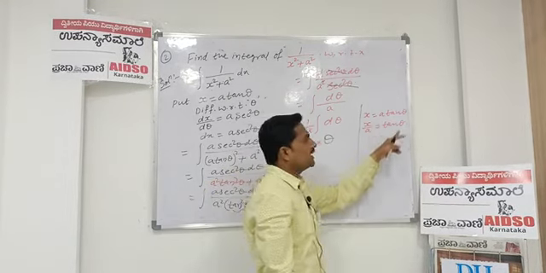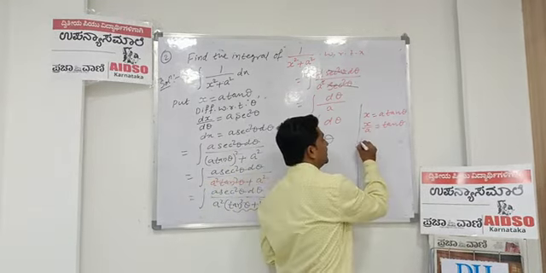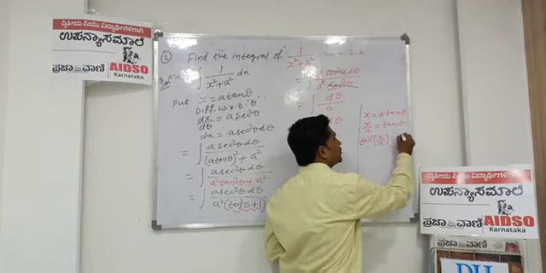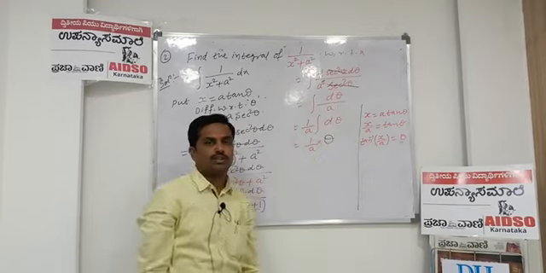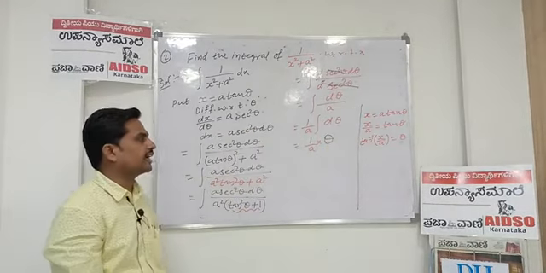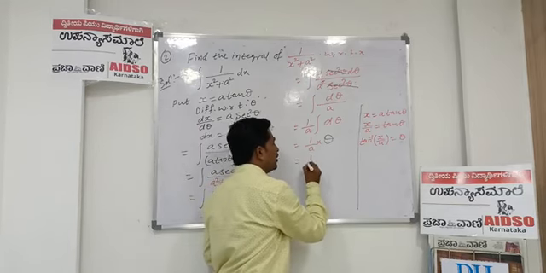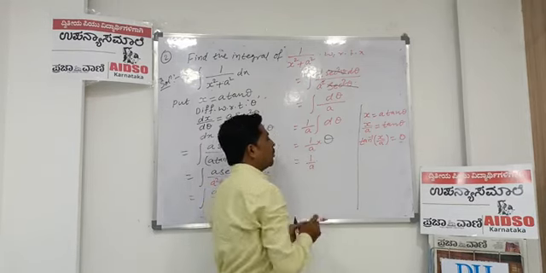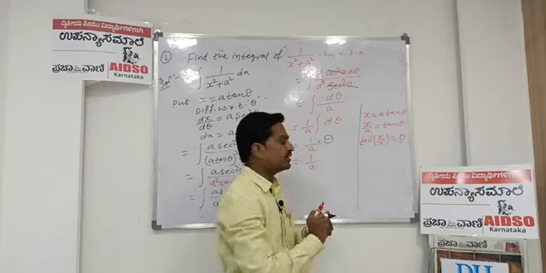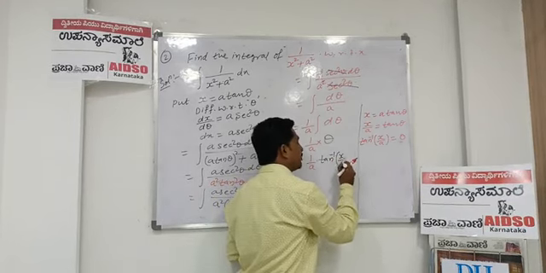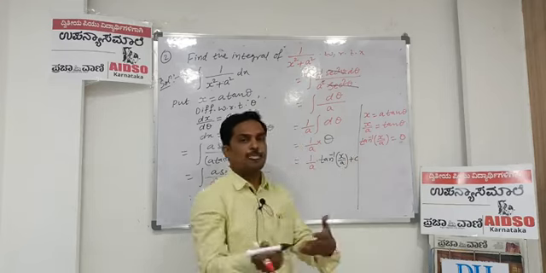So x by a is equals to tan theta, and then tan inverse of x by a is equals to theta. Hence I can now substitute 1 by a into the theta value, tan inverse x upon a. So this is nothing but 1 by a tan inverse x upon a plus c, which is the required answer.